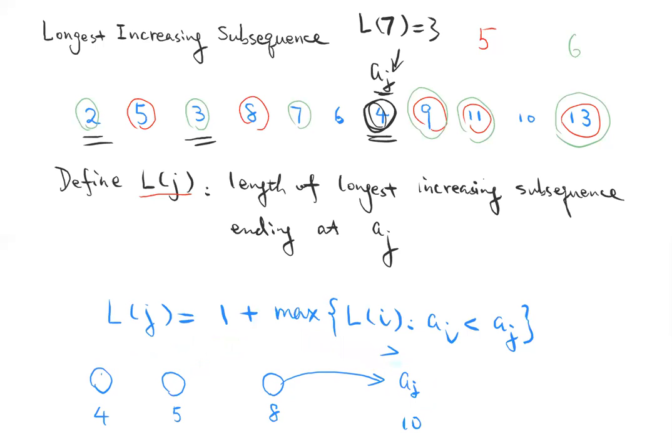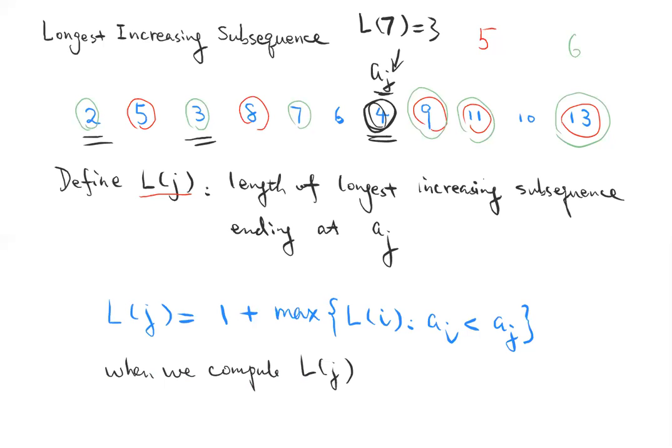Now the remaining question: how do we compute this recurrence relation? Here is where the DAG comes from. In order to compute this relation, what do we need? The key point is that when we compute Lj, these values should be computed already.